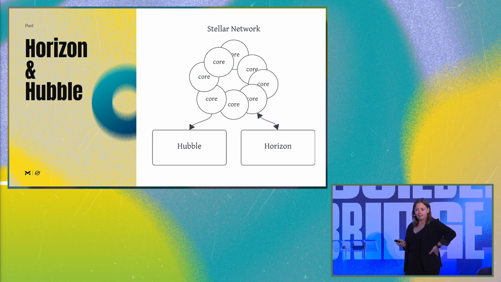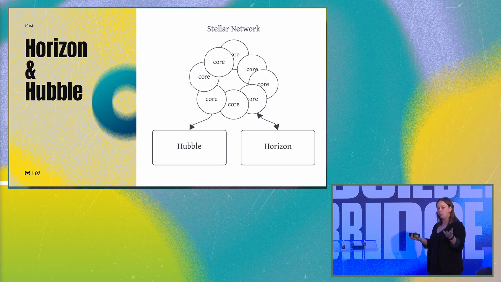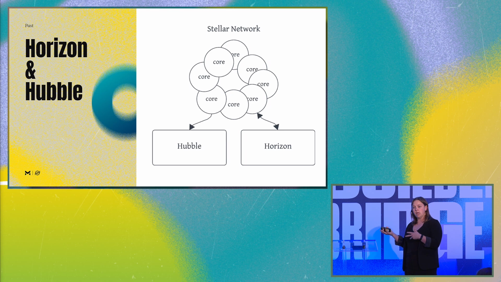Hopefully this looks familiar. For most of the history of the network, you basically had two options to get data out of the network: Horizon and Hubble. Horizon, hopefully everybody's familiar with. It's a real-time API, two-way communication, so you can read and write from the blockchain, and it's much more widely used.